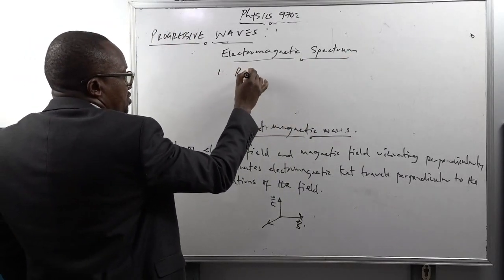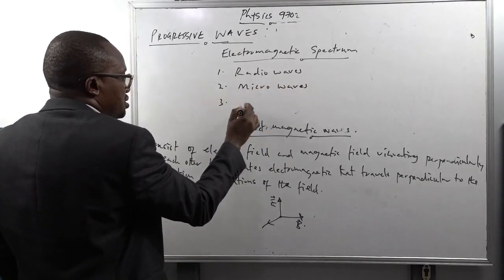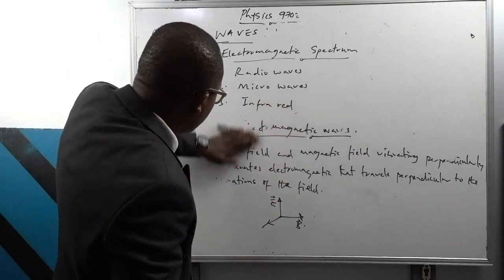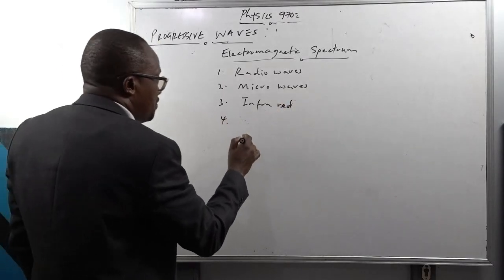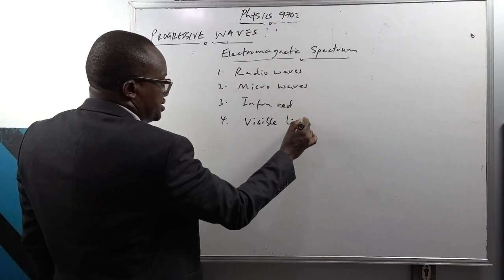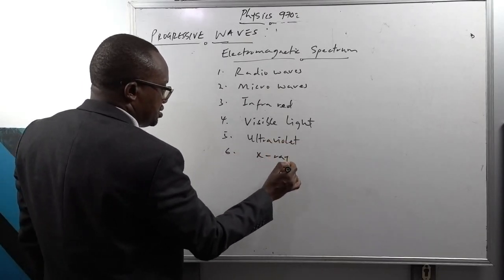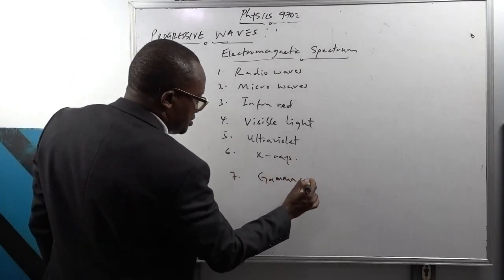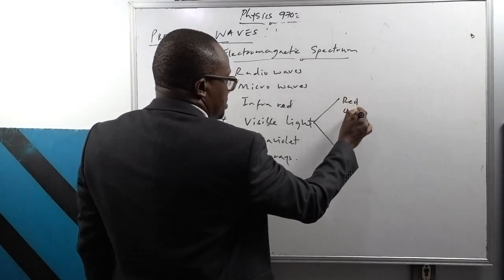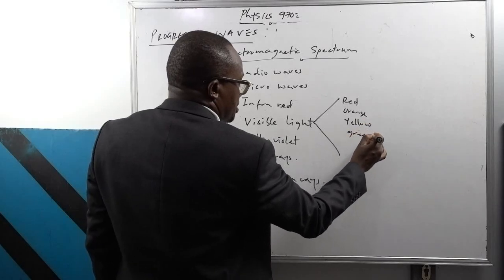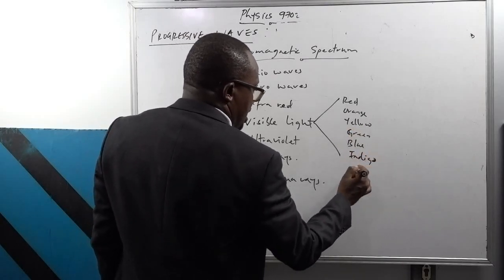Number one, radio waves. 2, microwaves. 3, infrared. 4, visible light. 5, ultraviolet. 6, X-rays. 7, gamma rays. Visible light consists of 7 colors: red, orange, yellow, green, blue, indigo, and violet.